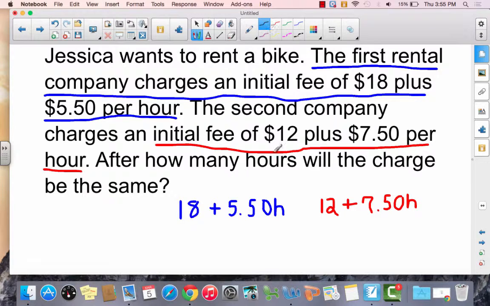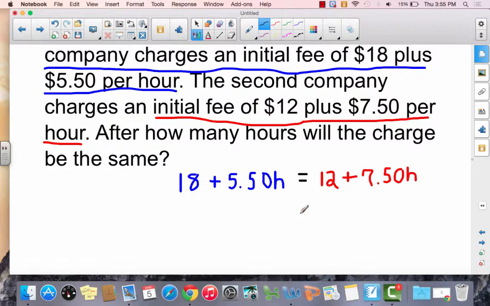Now that we have this set up, I'm going to use the same process that I used in my two previous examples to solve. So I want to consolidate my variables on one side. I'm going to try to stick with positive numbers here, so I'm going to subtract the 5.50h from both sides so that it will cancel out on the left, and then I have a nice easy subtraction problem to deal with on the right.